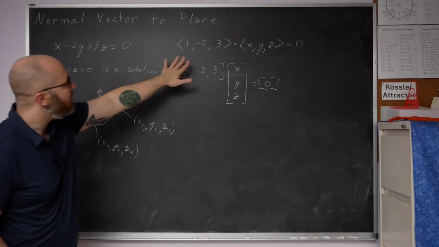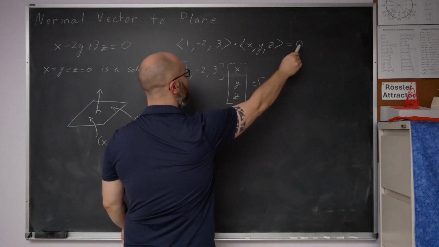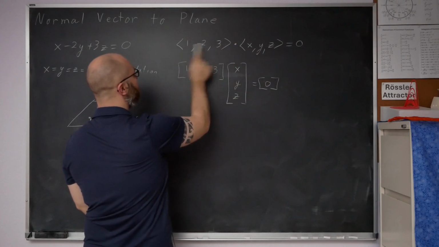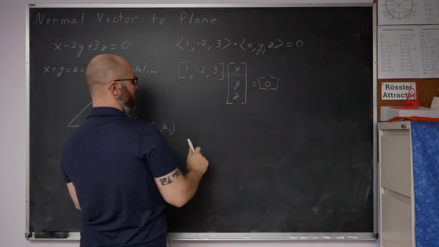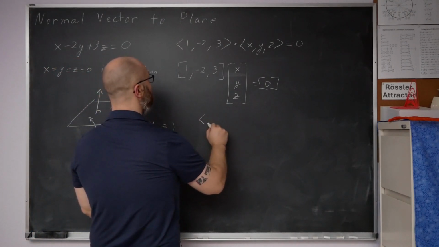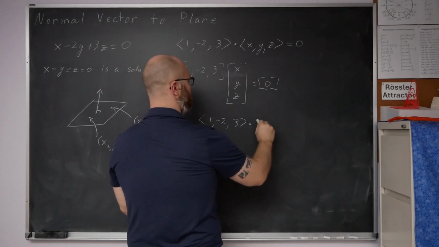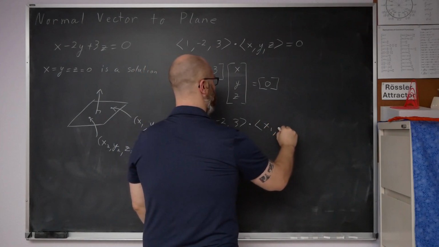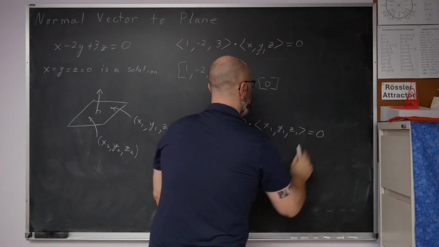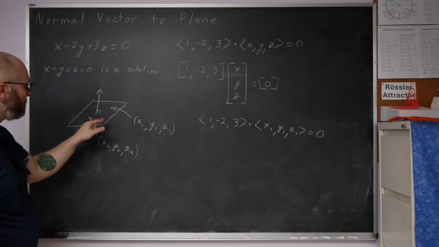So what this is telling us is that if you pick an x, y, z that solves this equation, then that vector is going to be perpendicular to 1, negative 2, 3. For instance, we have this x1, y1, z1. The dot product of 1, negative 2, 3 with x1, y1, z1 has to equal 0 because x1, y1, z1 solved the equation. It's a point in the plane.